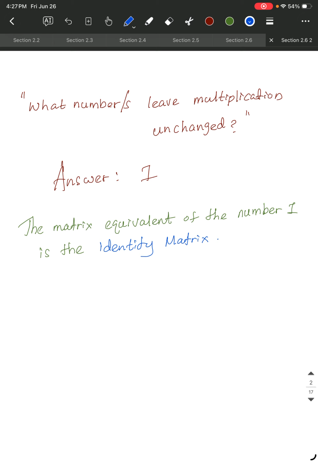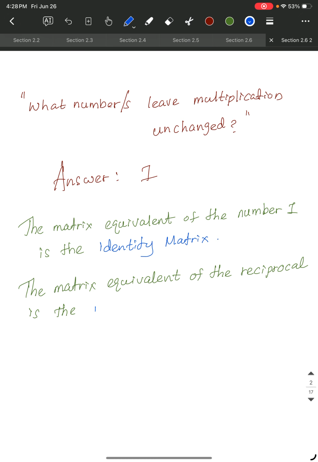Also, the matrix equivalent of the reciprocal is the inverse matrix.